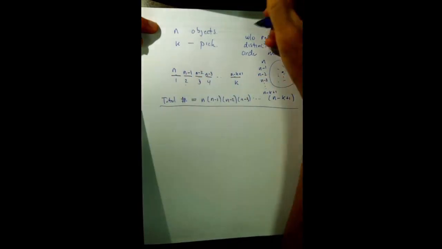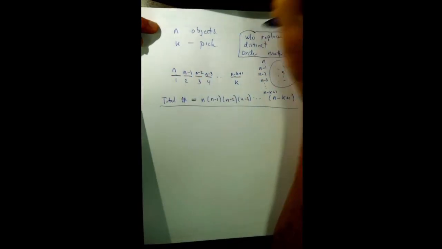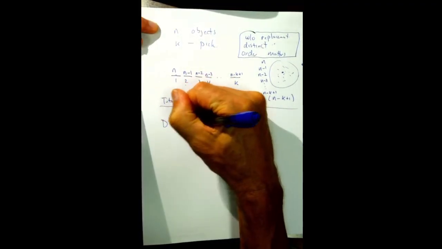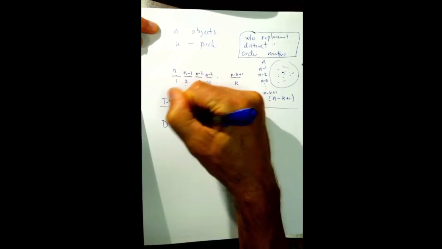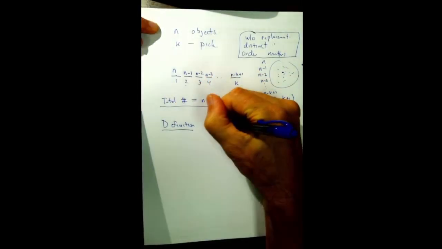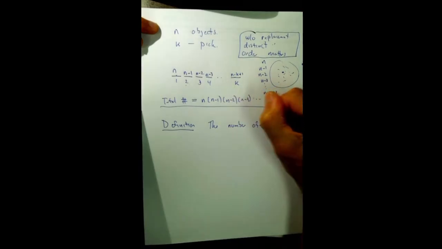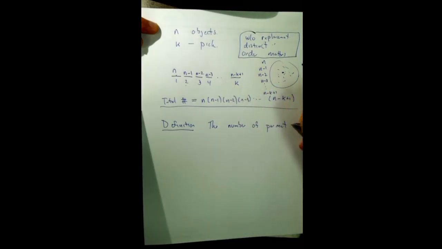Okay. If these things are the case, if we don't have replacement, the objects are distinct and the order matters, we're going to call that permutations. So the number of permutations, so I'm not talking about all the permutations, I'm talking about how many there are.